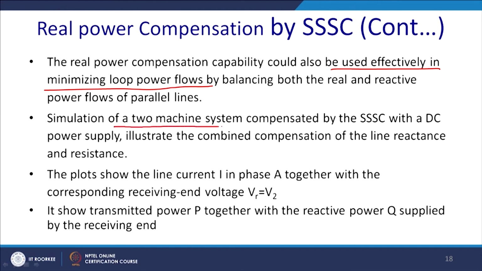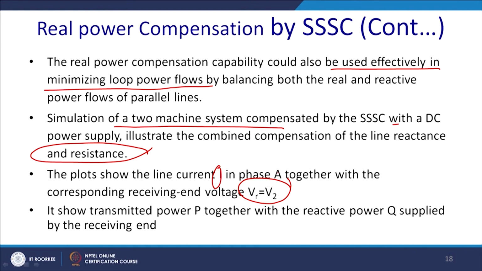Simulation of the two machine system compensated by an SSSC with a DC power source or storage element illustrates the combined compensation of the line reactance as well as the resistance. The plot shows, in the previous curve, the line current I in phase A together with the corresponding receiving end voltage VR equal to V2.